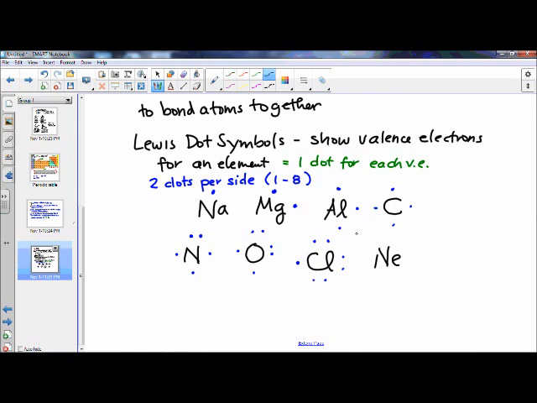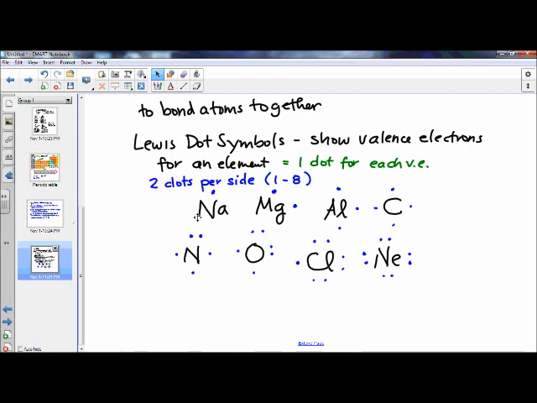They have 8 valence electrons, which is kind of a special number in the atomic world. And that's what Lewis dot symbols for the noble gases look like. For any member of the family, the Lewis dot symbol pattern is the same.